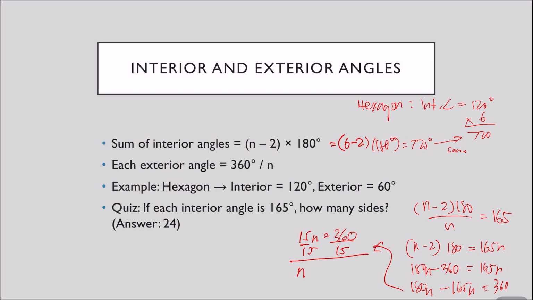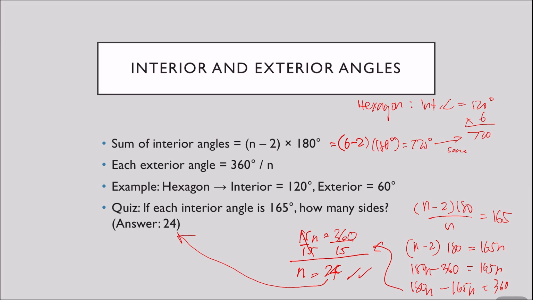Then you'll have n is equal to 360 divided by 15, so that will be 24. Okay, same as the answer. Correct. So whatever formula you use, whether you manually solve for it, or you use the formula directly, you should be able to get the same answer. Okay?